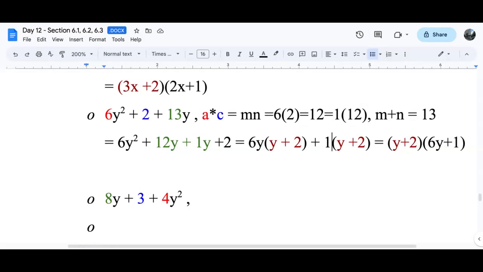Okay, all right. So let's all try this one. 8y plus 3 plus 4y squared. First, write them in order.